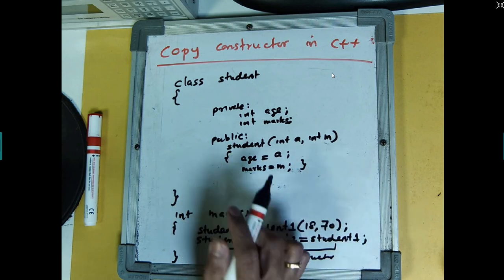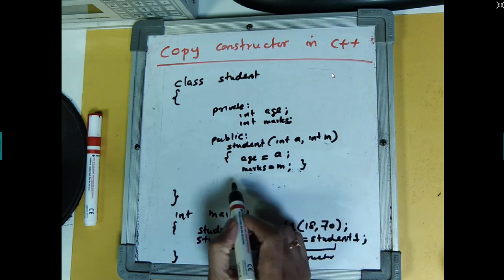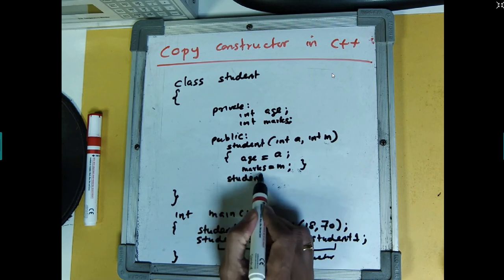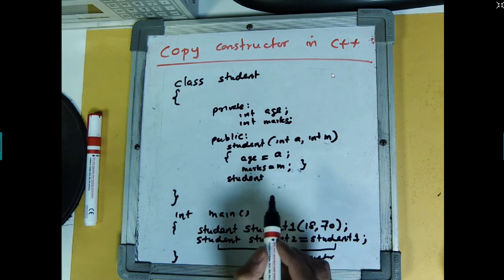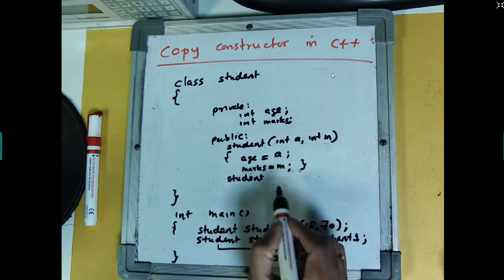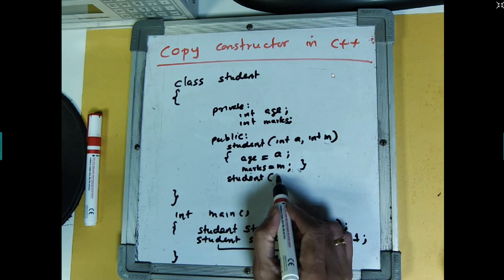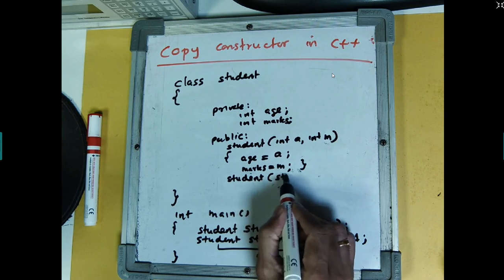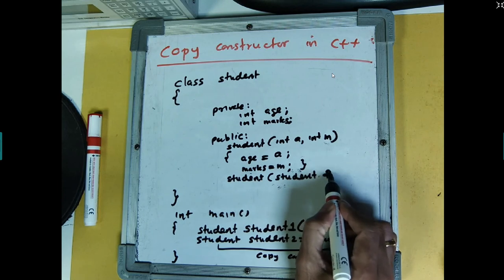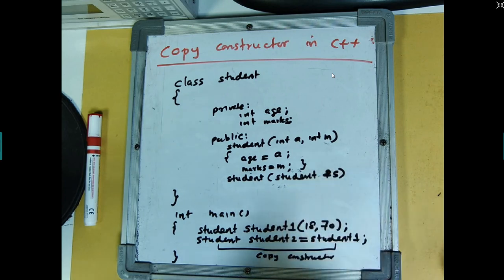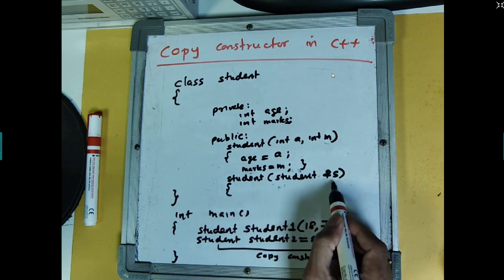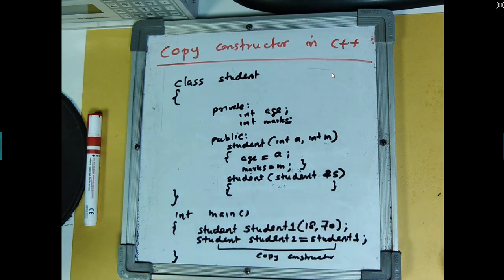So you have to create here, sorry, it is not a class, you have to create student ampersand s, something like this. So this is how you have to create the copy constructor.